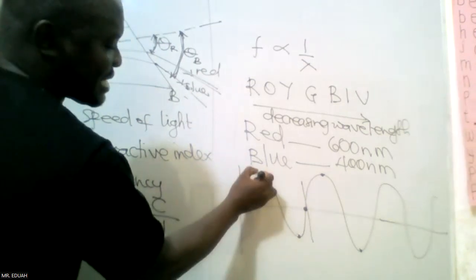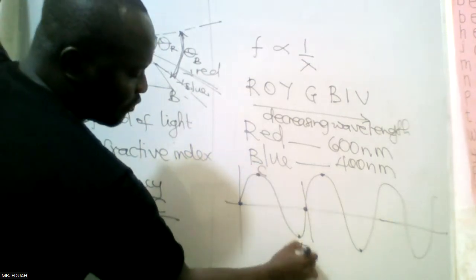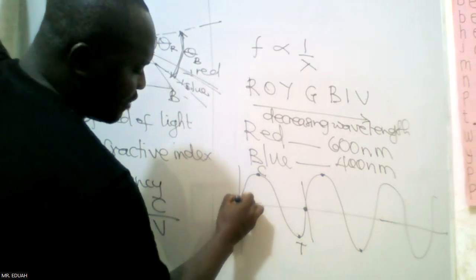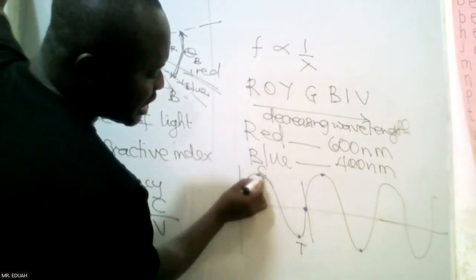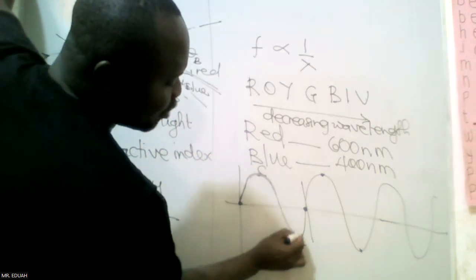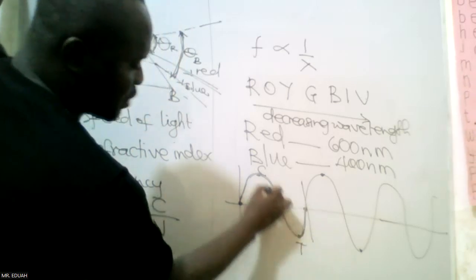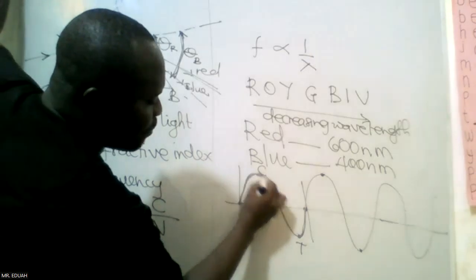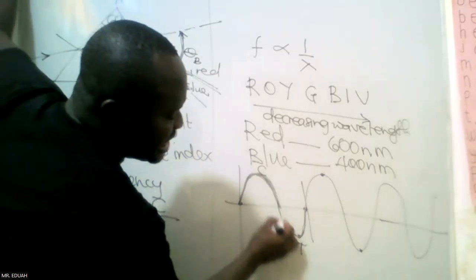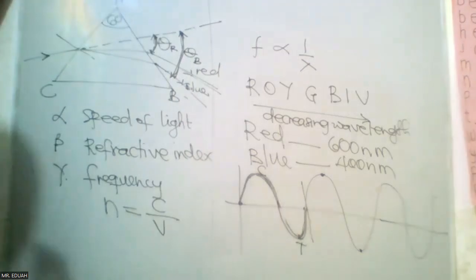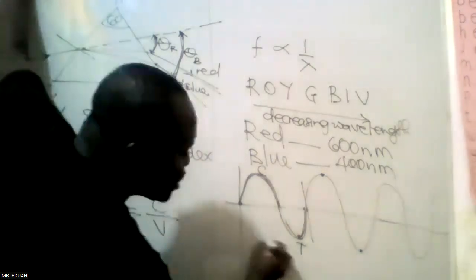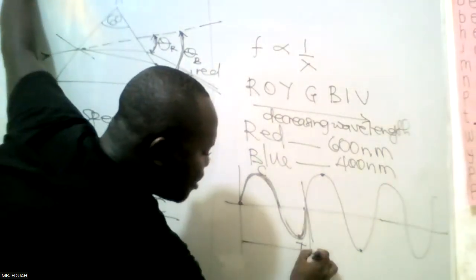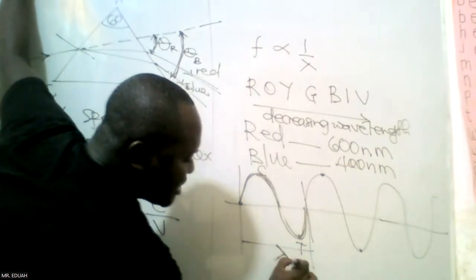A full wave has a crest and then a trough. Because we haven't all done waves, let me just put it this way. We have this positive pulse and then this negative pulse, forming a full wave. So this is what we call a wavelength.